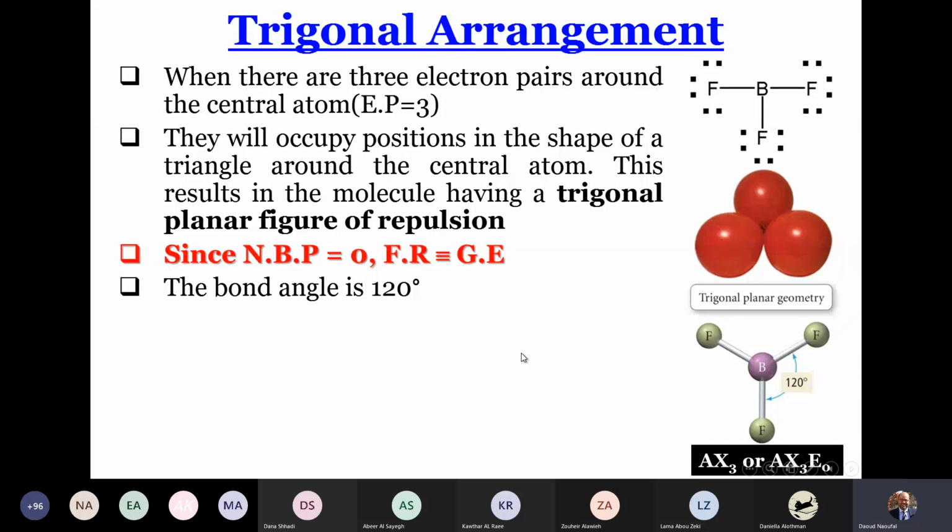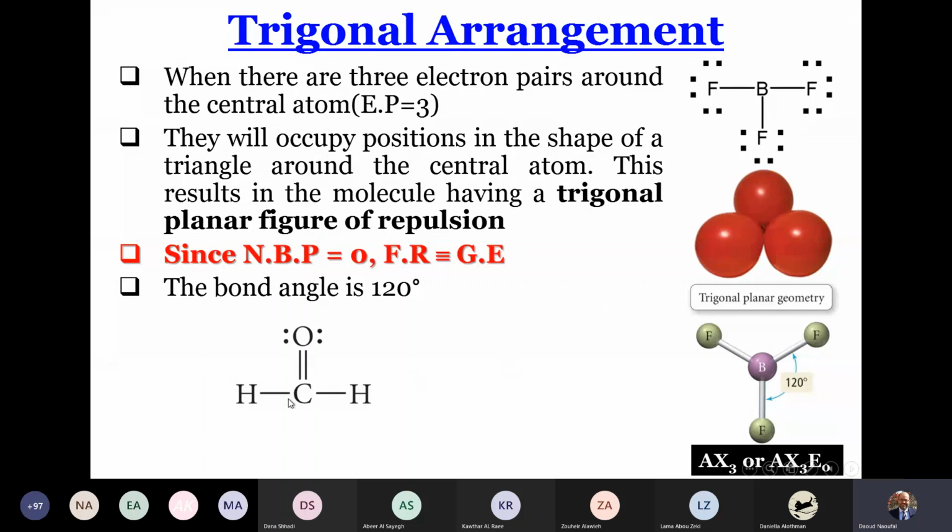We pass to the form AXME_N. This is AX3 or AX3E0. So any molecular formula of the form AX3 or AX3E0 has a trigonal planar figure of repulsion, and since we don't have non-bonding pairs, it has a trigonal planar geometry.